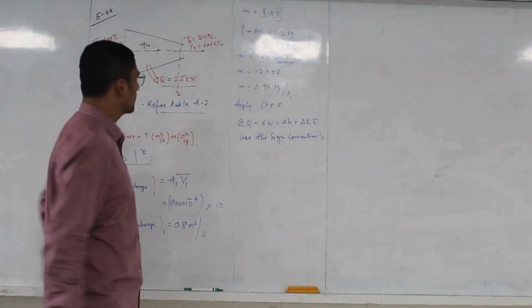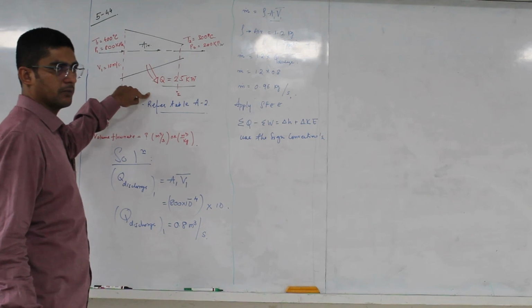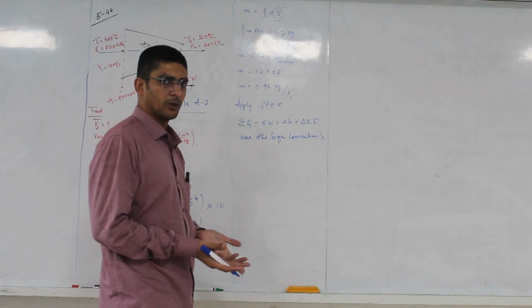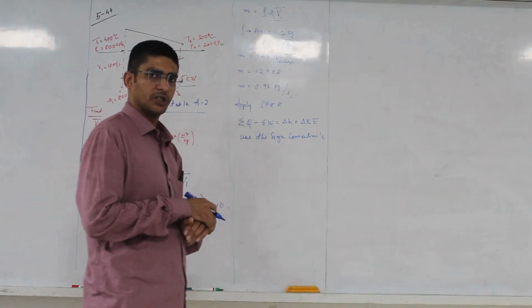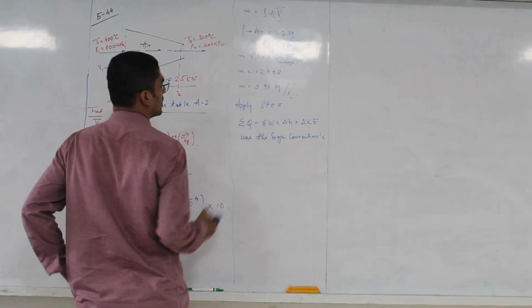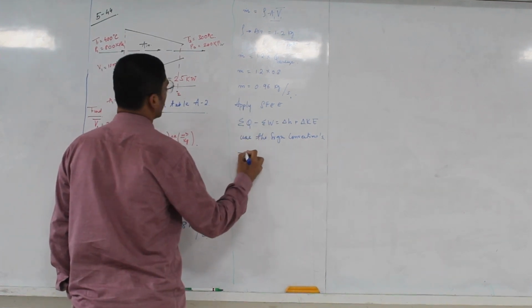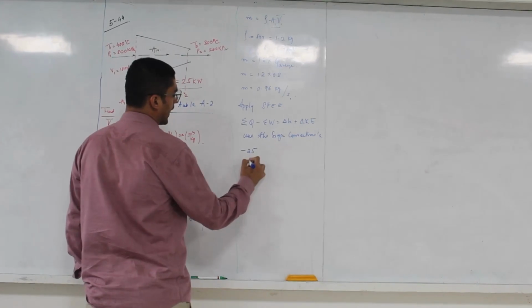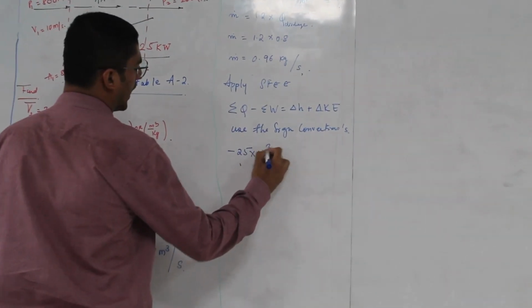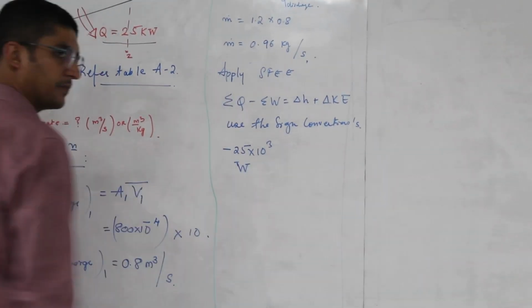If I am using the sign convention, heat added to the system is taken as positive and heat rejected by the system is taken as negative. So in place of Q, I am going to write minus 25 into 10 to the power 3, and I will just mind that it is in watts.